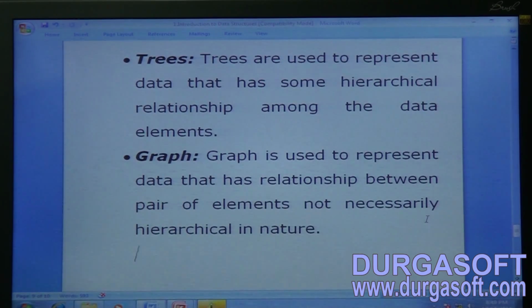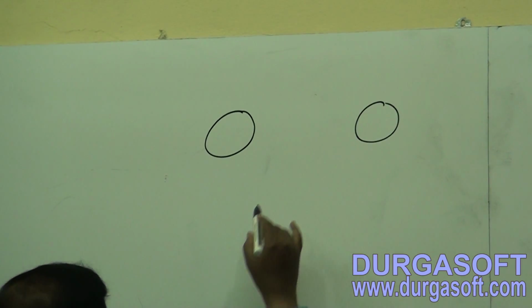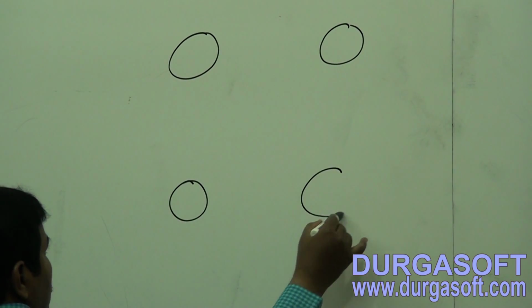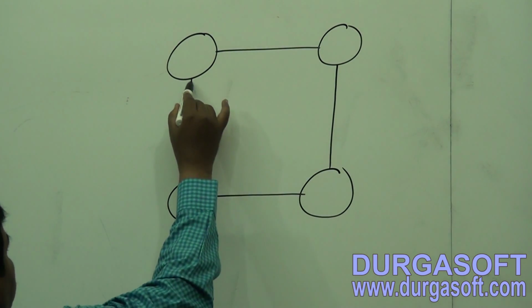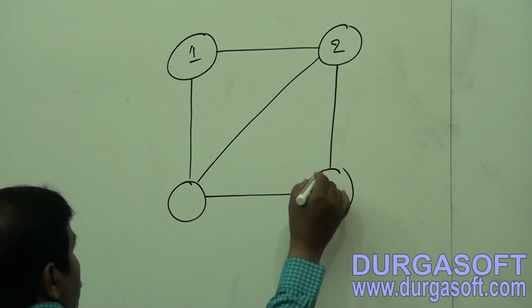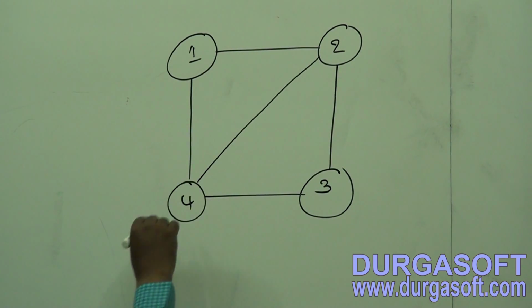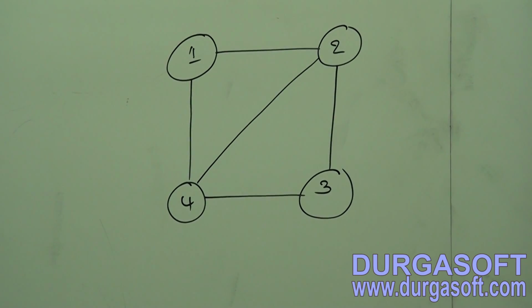So the simple definition of a graph is a collection of nodes and edges. These are the nodes. The circles represent nodes, the lines represent edges.